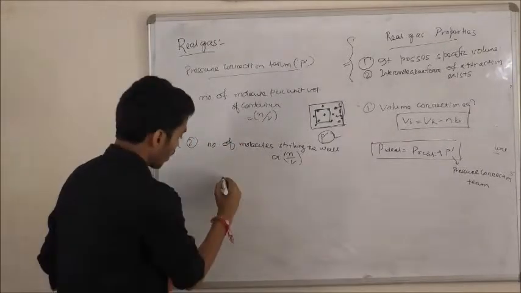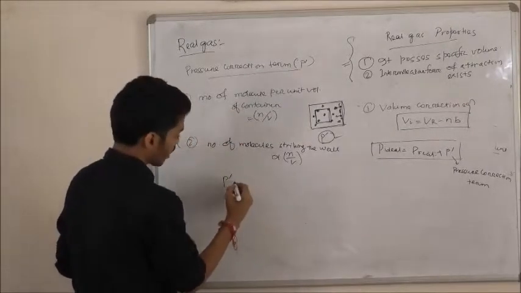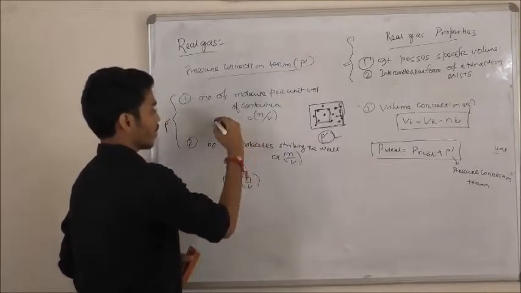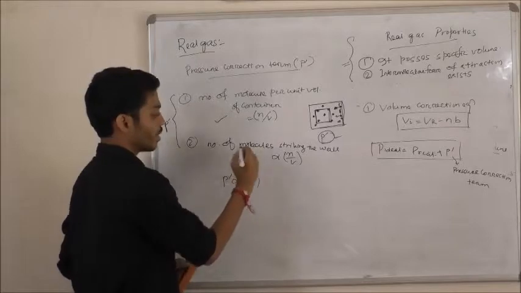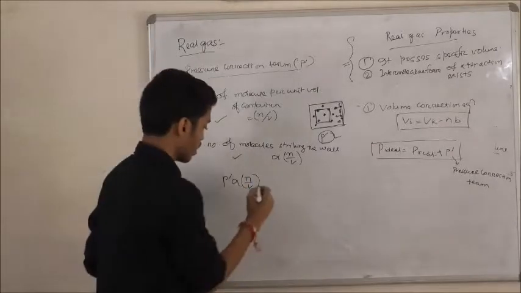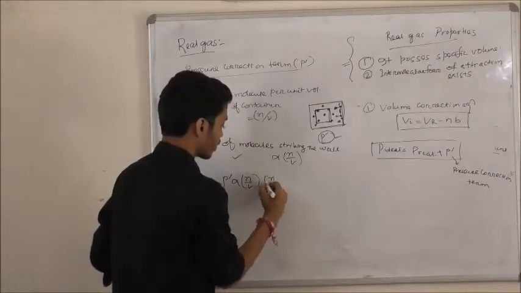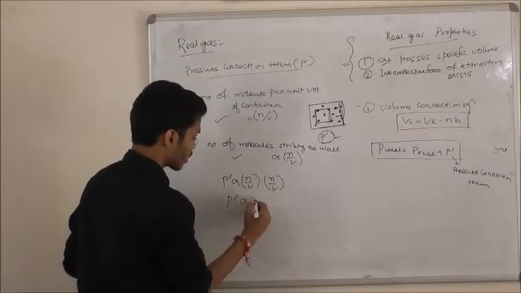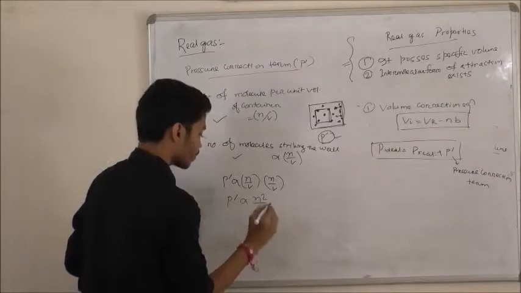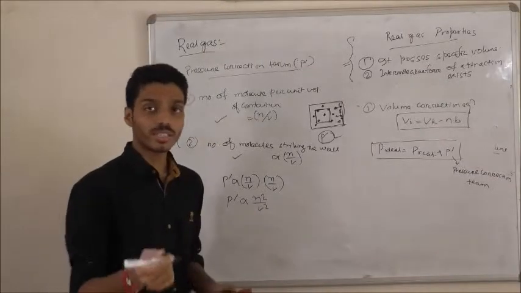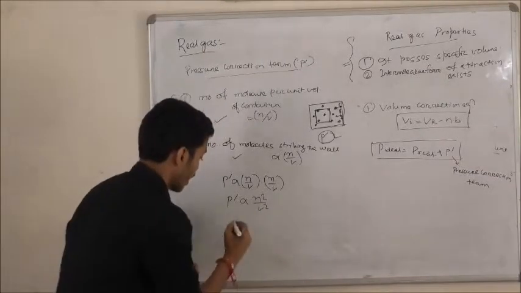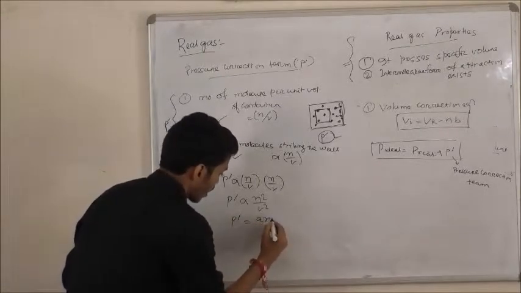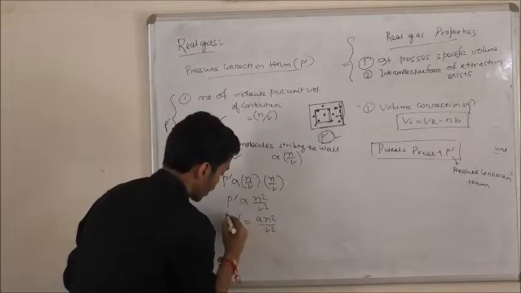First, P dash is directly proportional to N by V, and again P dash is directly proportional to N by V into N by V. So P dash is directly proportional to N square by V square, and we can write P dash equals A N square by V square.